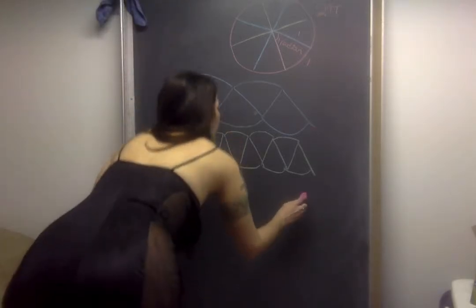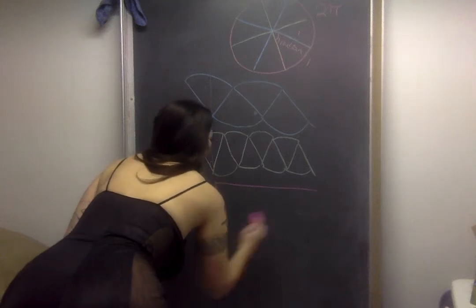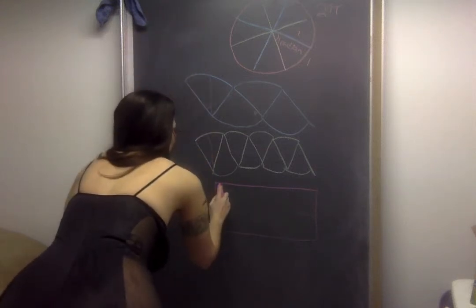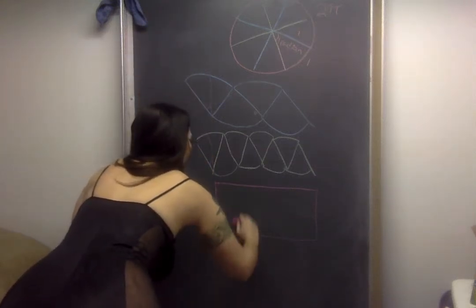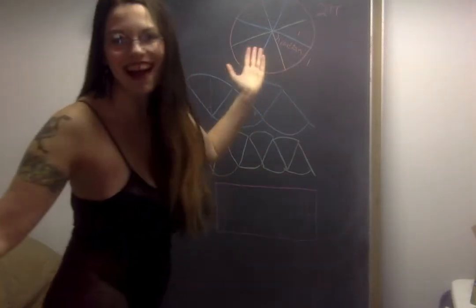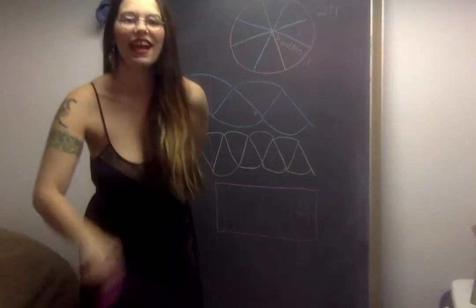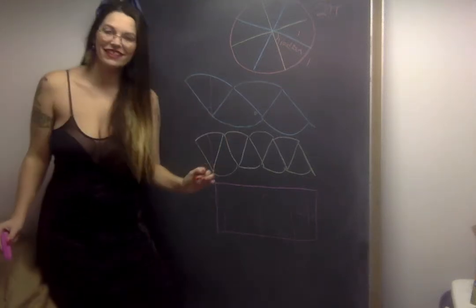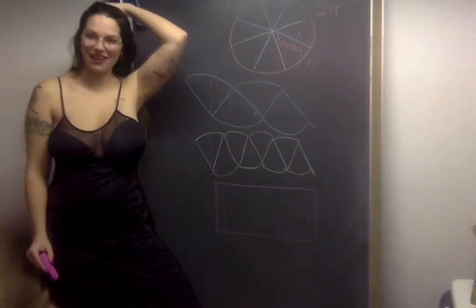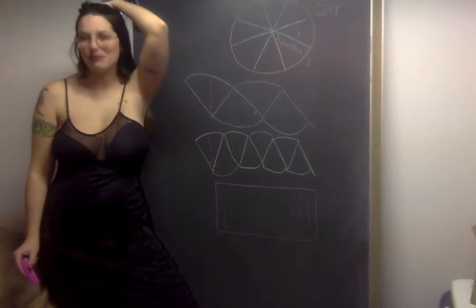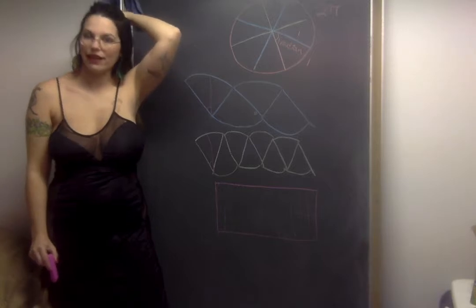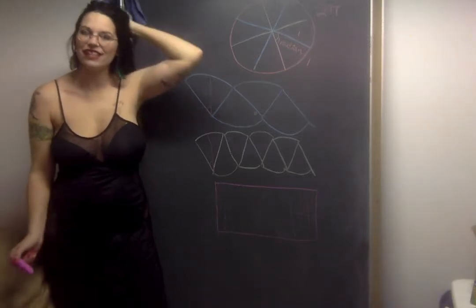So, imagine we've got this rectangle, and it's divided into 3,000 slices, but those slices still add up to give you the entire area of the circle. It's still the whole pizza pie just added up into a bunch of different slices. So the area should be the same. So now all we need to do is figure out the area of a rectangle, and that's really easy.